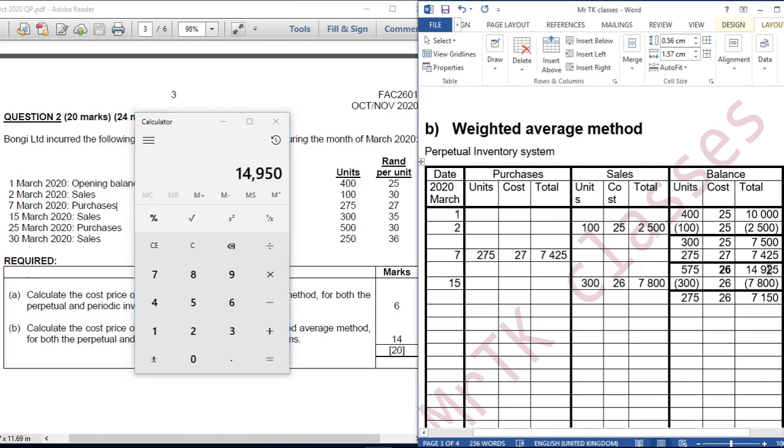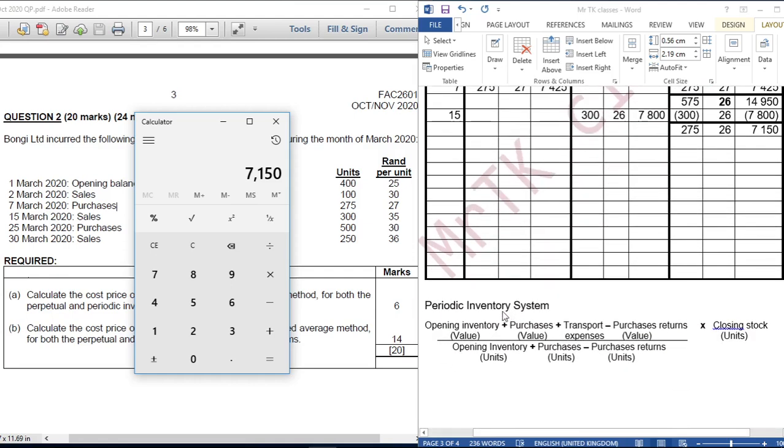Okay, so there was an error here. Luckily we picked it up before we got to the end. 14,950 subtract 7,800 gives 7,150. So you see, our amount now is fine. This is our new inventory value.